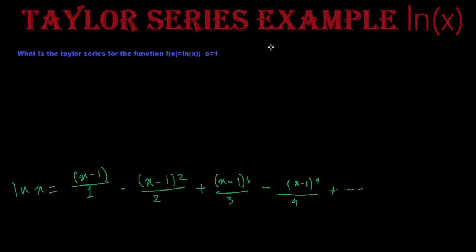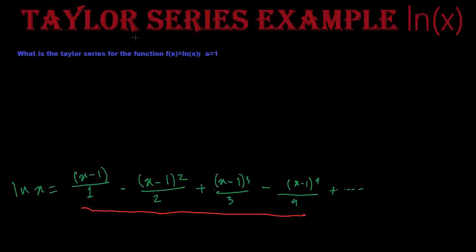Here we can see a pattern developing. The denominators are incrementing by 1, so 1, 2, 3, 4, and the powers of the corresponding numerators are also 1, 2, 3, 4. This pattern keeps on going, that's gonna be 5, 6, 7, 8 and so on.